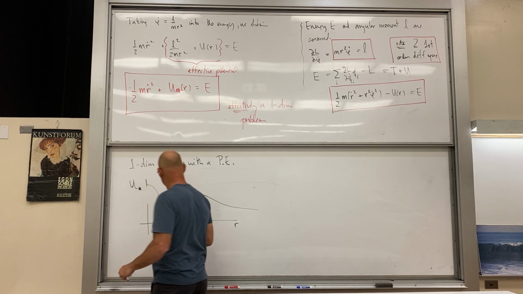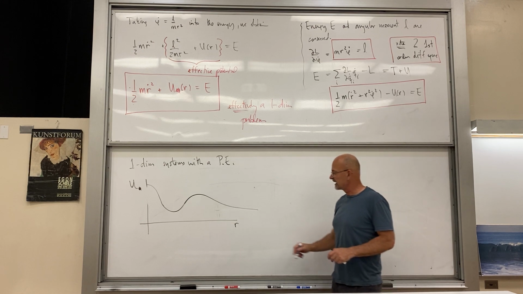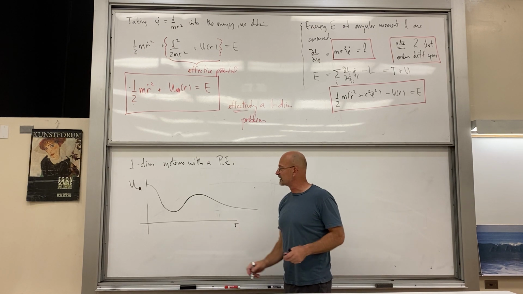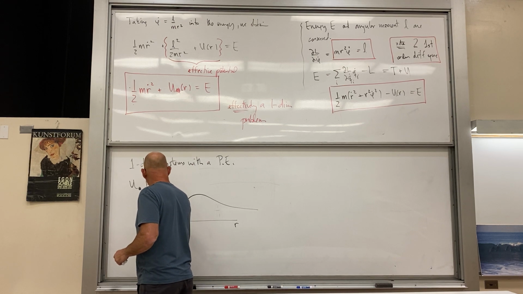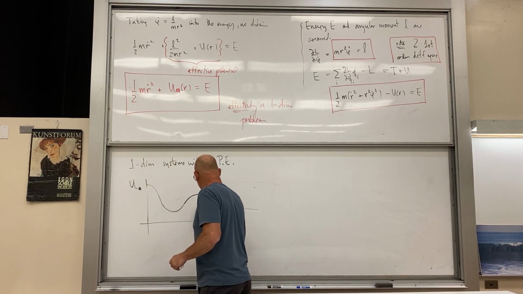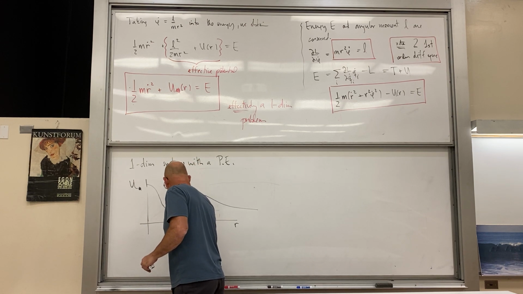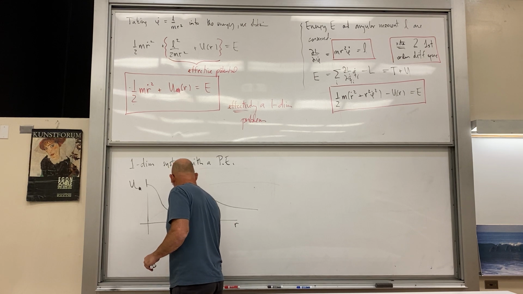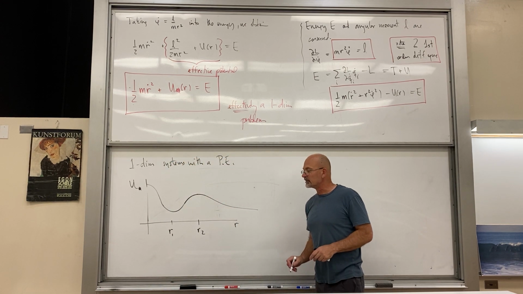There we go. A little roller coaster potential energy, except now it's r instead of x. So depending upon your energies, here we could have a stable equilibrium. I'm just going to say r1. Here at r2 we could have an unstable equilibrium.